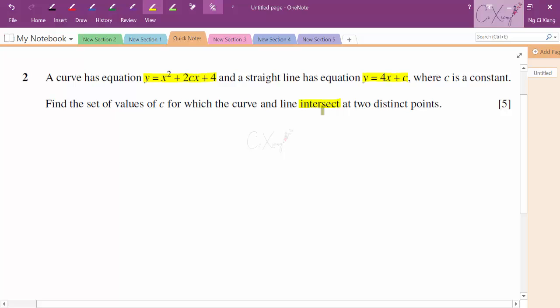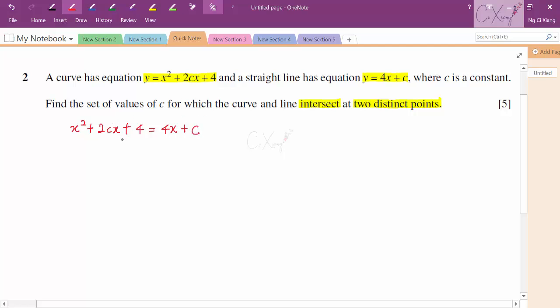So when the curve and the line intersect at 2 distinct points, generally what you should do is find the intersection points of this line and the curve. Therefore, I'm going to equate the curve with the equation of the straight line, 4x plus c.